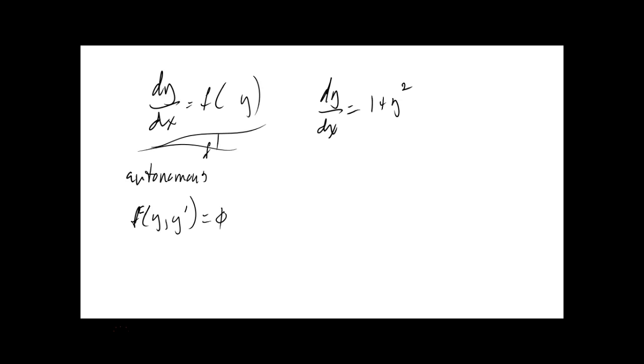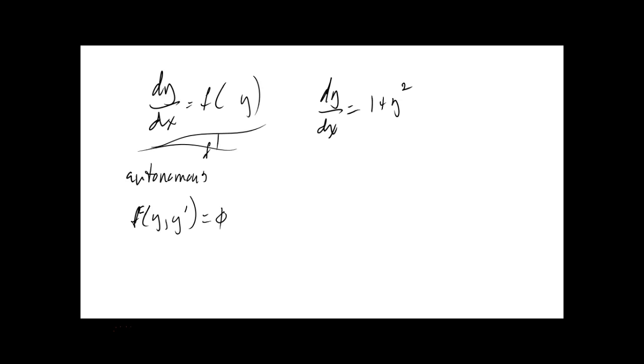Is that linear? No, the y is squared. If either the derivative of y or y itself is any power other than 1, it's nonlinear. If that had been a 0.2 as an exponent, nonlinear. 1.2, nonlinear. 0.999, nonlinear.